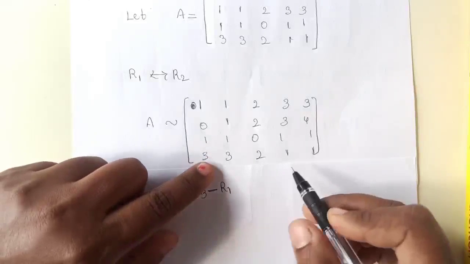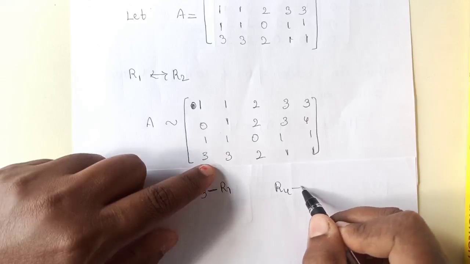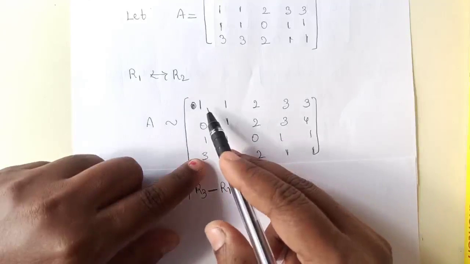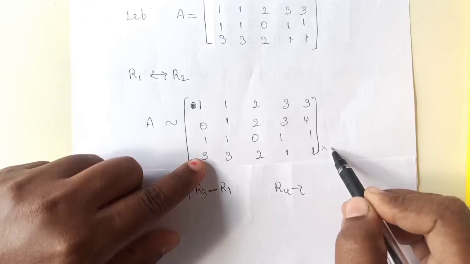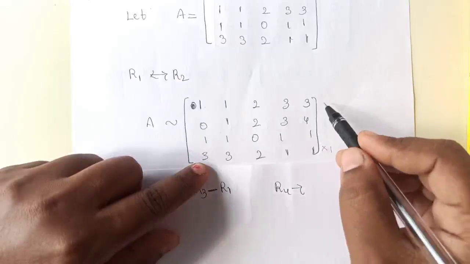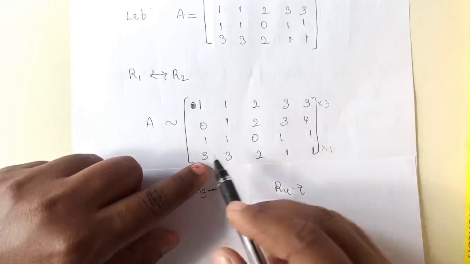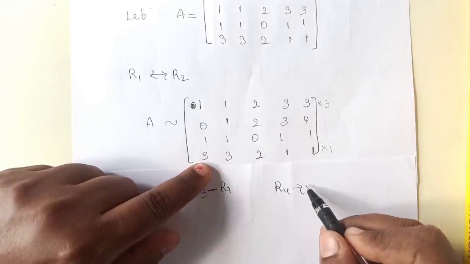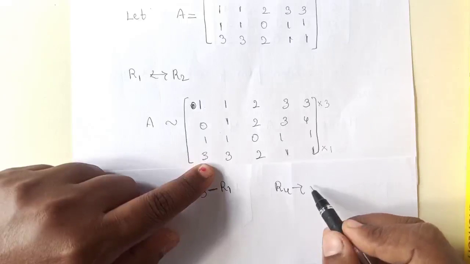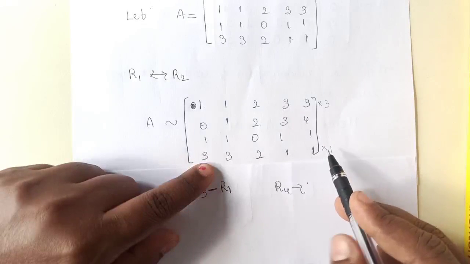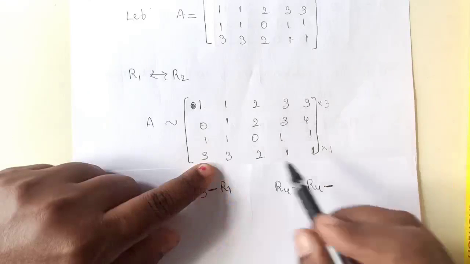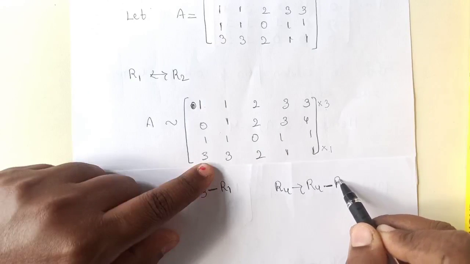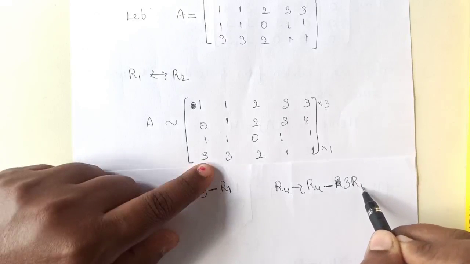Next for R4, remember that this element is multiplied with this one, and 3 is multiplied with R1. So R4 is written as 1 into R4 equals R4 minus 3 into R1.